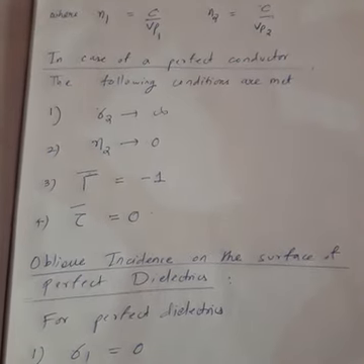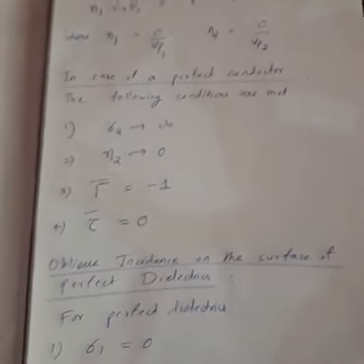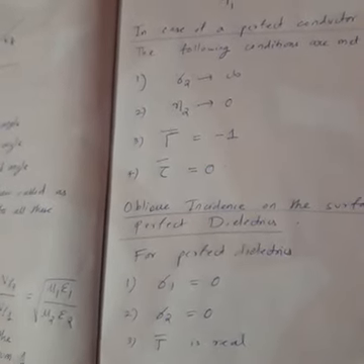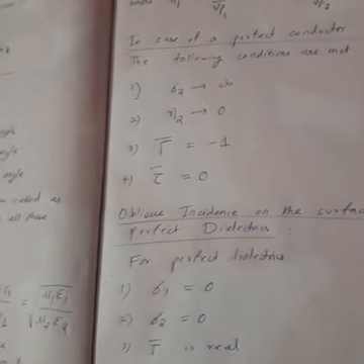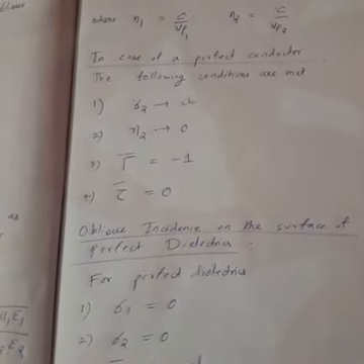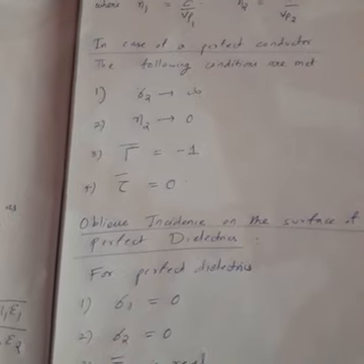So what did we do first? First we considered normal incidence. We found the electric field, magnetic field, transmission coefficient and reflection coefficient. Next we considered oblique incidence. In oblique incidence again we found the electric field, magnetic field, transmission coefficient and reflection coefficient.